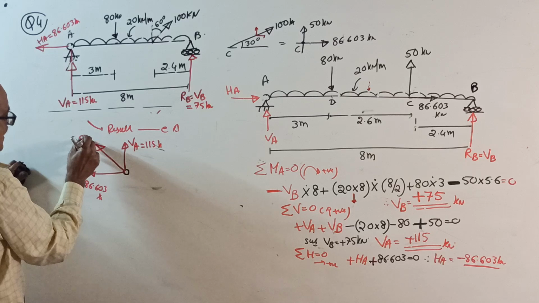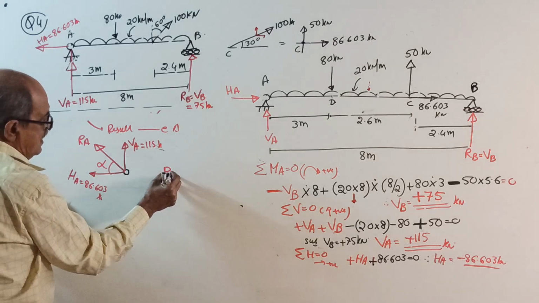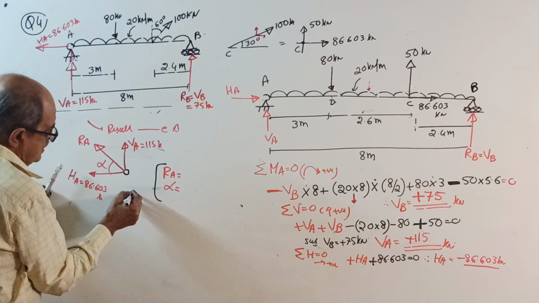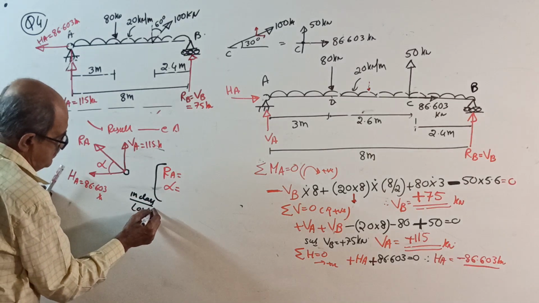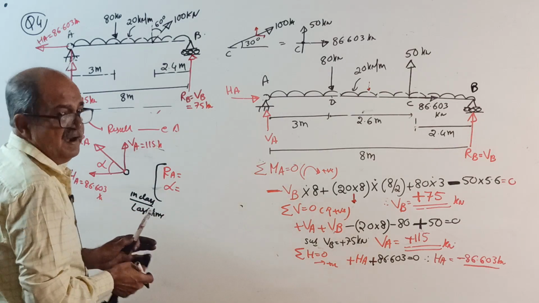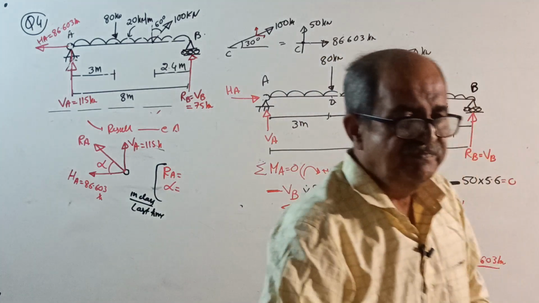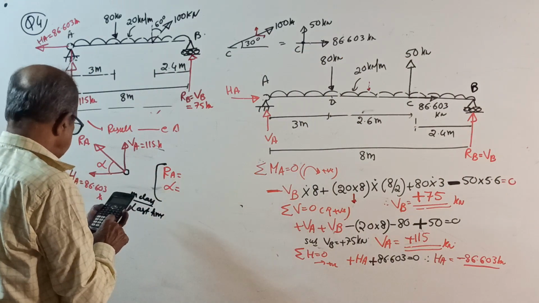RA and alpha. Calculate RA, calculate alpha. I do not want to unnecessarily waste time from now onwards on this one. RA equal to root of HA square plus VA square.